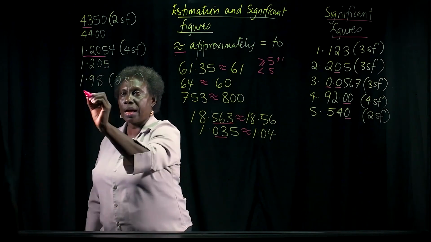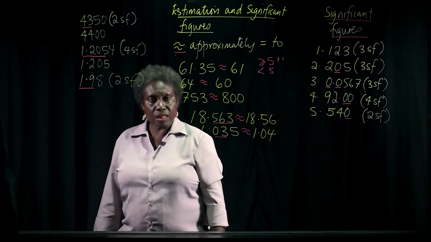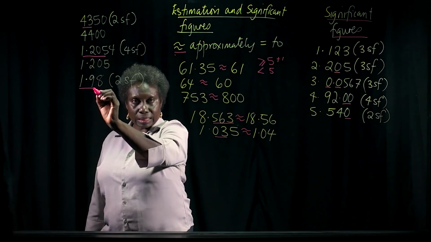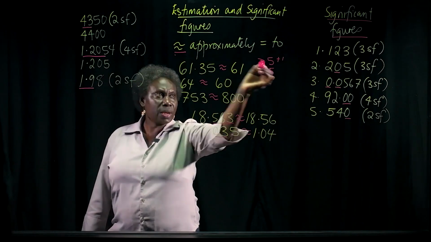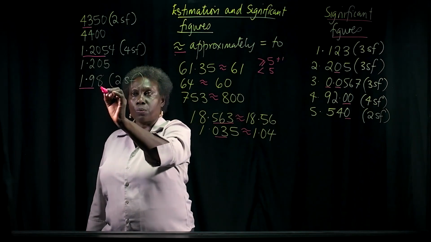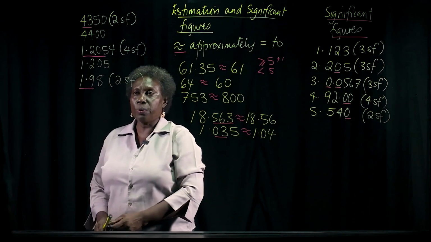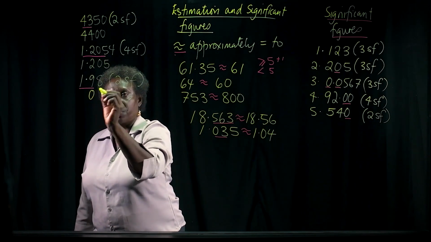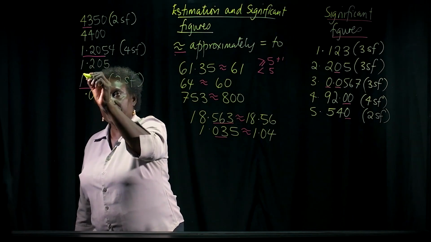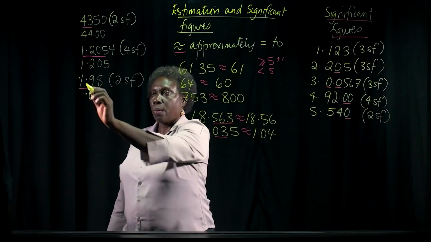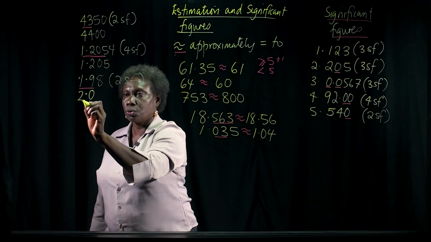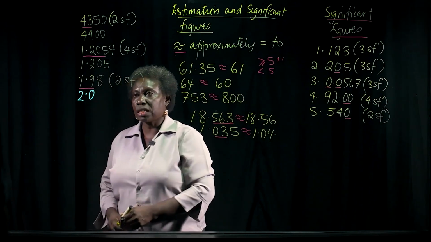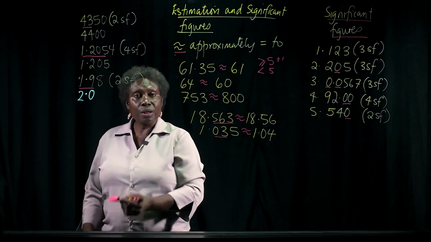Okay, so 1 and 9 are the two significant figures. 8 is the next number after the last significant figure. 8 is greater than 5, so we are going to add 1 to 9. Now, when we add 1 to 9, that 9 will become 10, so we put down 0, put a decimal point there, and add 1 to 1. 1 plus 1 gives us 2. So, 1.98 correct to two significant figures is 2.0.